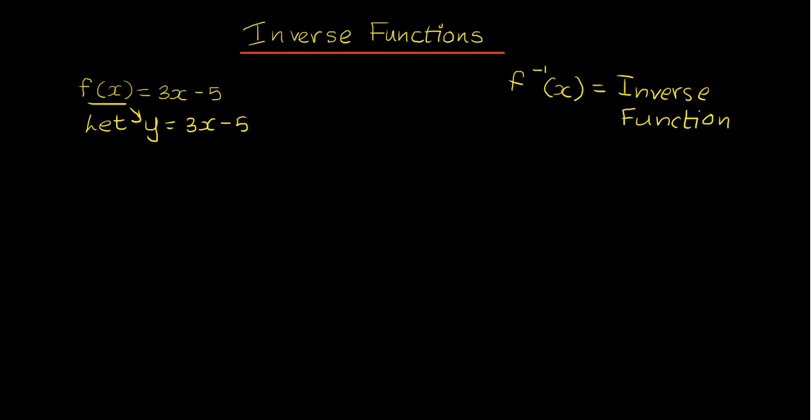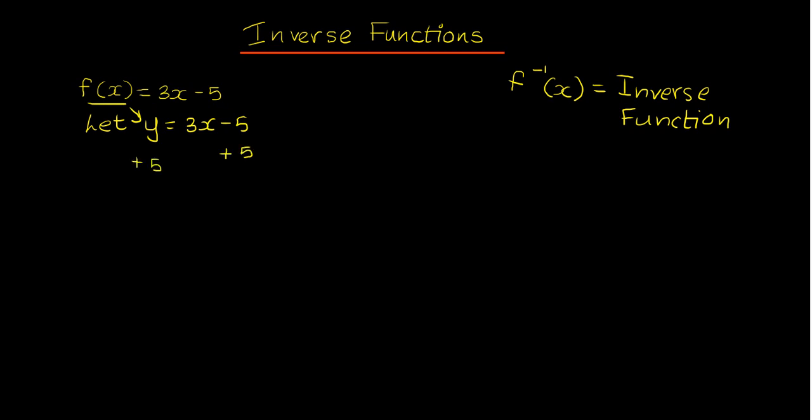In order to do that, I like to think of the journey of the x. x used to be on its own, then it got multiplied by 3 to give me 3x, then I subtract 5, then I get y. So the last thing that happened before I got y was I subtracted 5. So start off by doing the opposite of that. I'm going to add 5 to both sides.